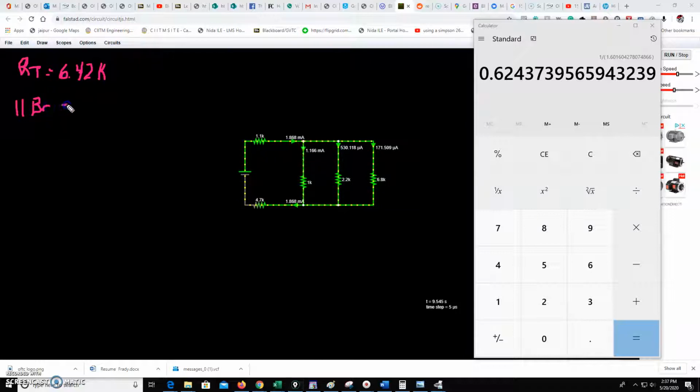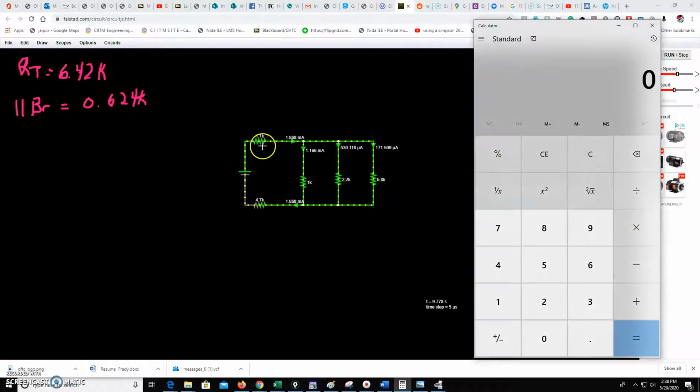So I'm going to put parallel branch. I'm going to abbreviate that branch just to save writing, is equal to 0.624K. Now, we're going to add all of this up, because here's what happens next. We've got to add that 0.624 to the 1.1 and the 4.7.